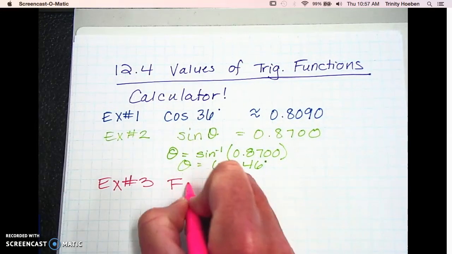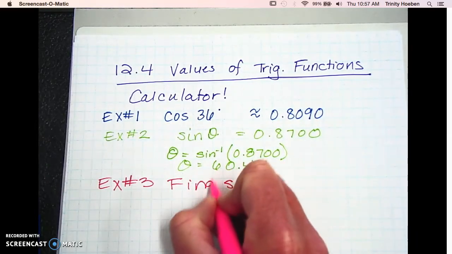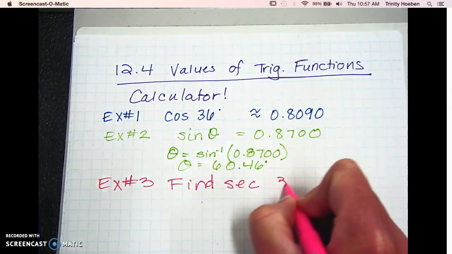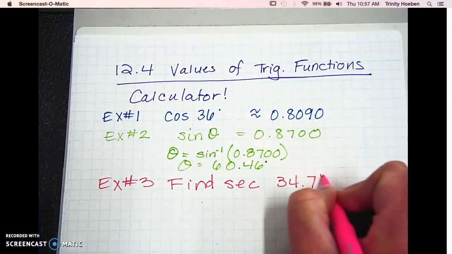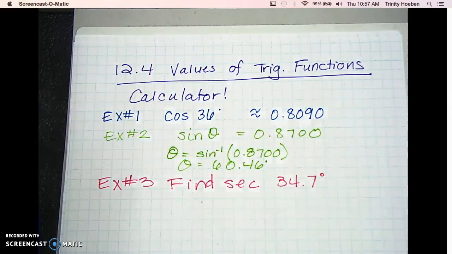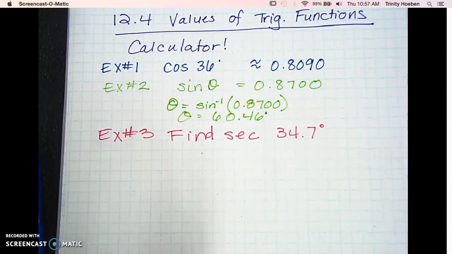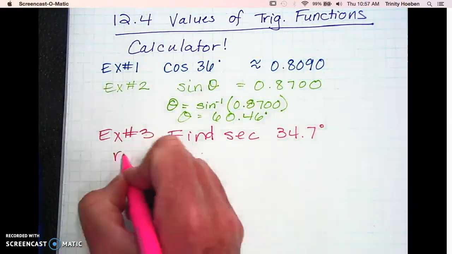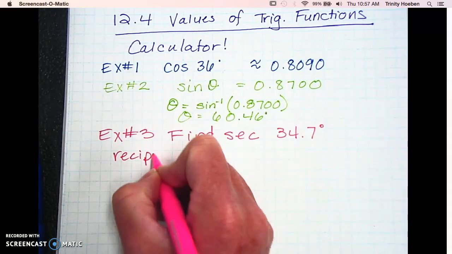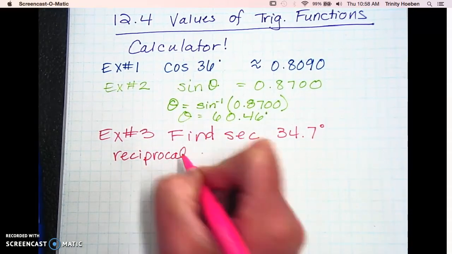We're going to find the secant of 34.7 degrees. Secant is one of the what functions? Who remembers the fancy word that starts with an R? Reciprocal functions. Which one is it the reciprocal of?